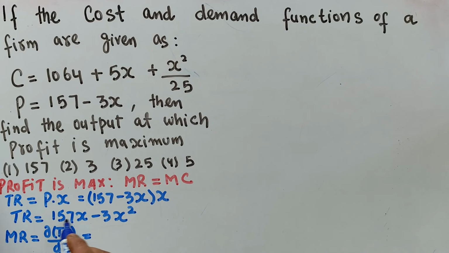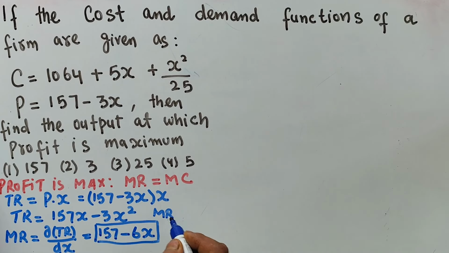That means we need to differentiate this total revenue function with respect to x. The derivative of x by power function rule is 1. We are left with 157 minus derivative of x square is 2x, so 2 into 3 is 6x. This is our marginal revenue function.